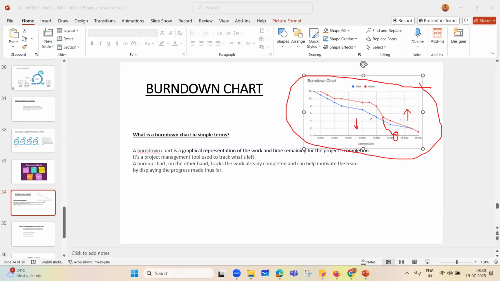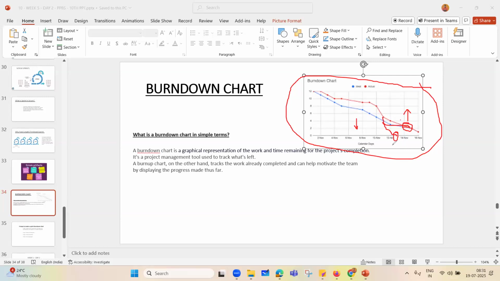When the actual line is below the ideal line, we are ahead of time. When the actual line is above the ideal line, we are behind schedule. And when the actual line and ideal line meet exactly, we are on time, on schedule, on track. Is it clear, everyone?